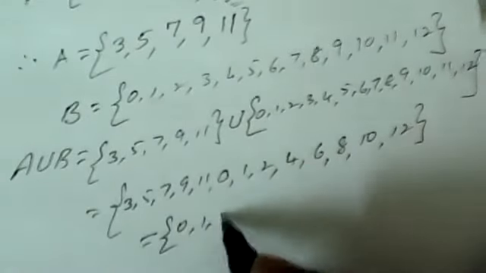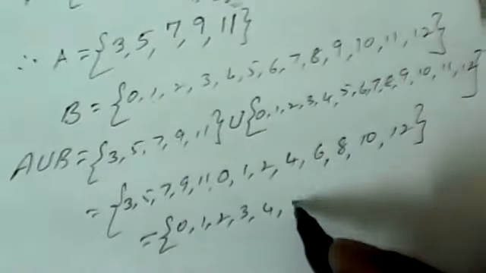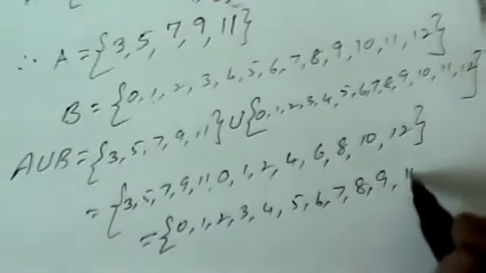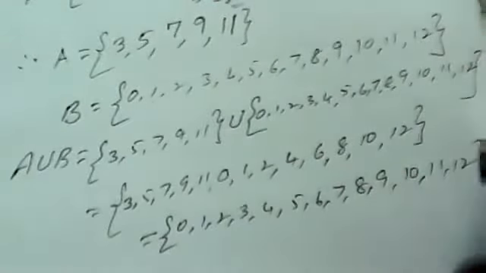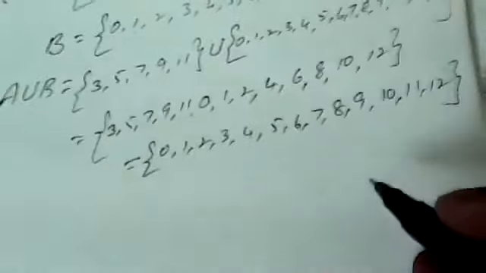So arranging this, what we got is 0, 1, 2, 3, 4, 5, 6, 7, 8, 9, 10, 11, 12. So this is what we got for A union B. Let us find out A intersection B.